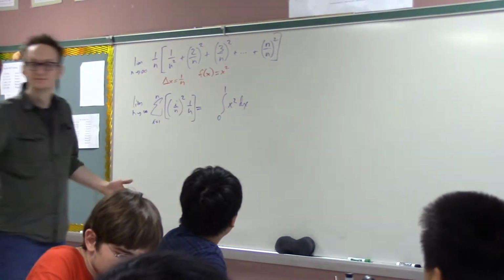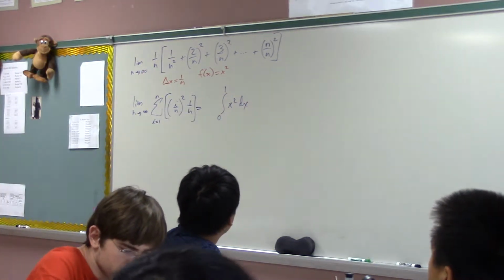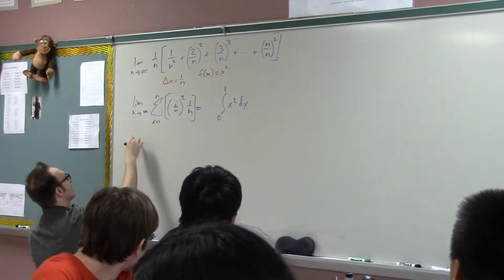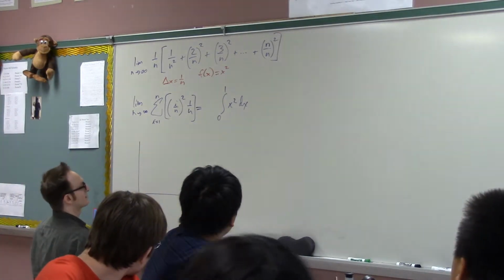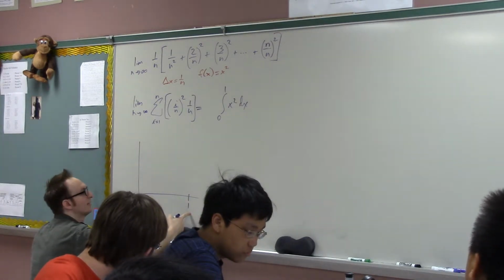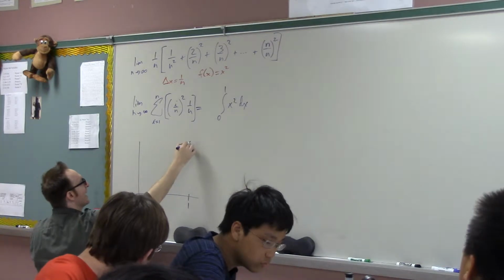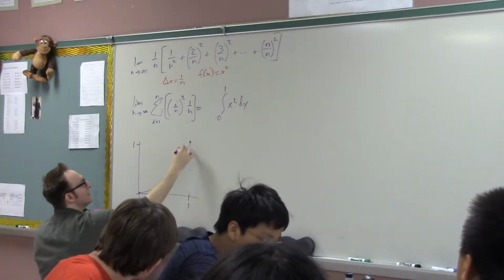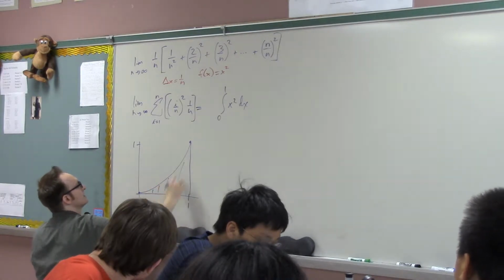I didn't know that. How do you know that? Because it just is, right? Because what is the integral from 0 to 1 of x squared? Well, you would be partitioning this from 0 to 1, and then graphing x squared, which looks like this, and this would be the area you wanted.